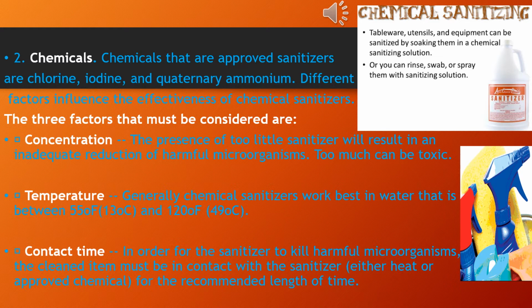The presence of too little sanitizer will result in an inadequate reduction of harmful microorganisms. Too much can be toxic. And also we have to consider the temperature. Generally, chemical sanitizers work best in water that is between 55 degrees Fahrenheit and 120 degrees Fahrenheit.